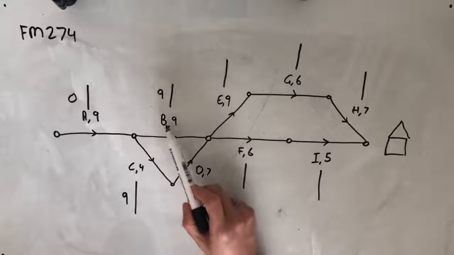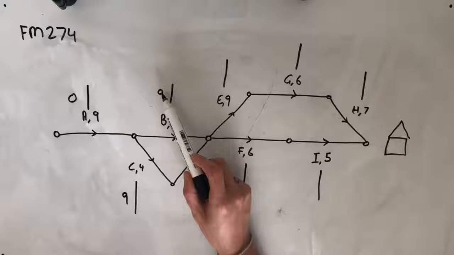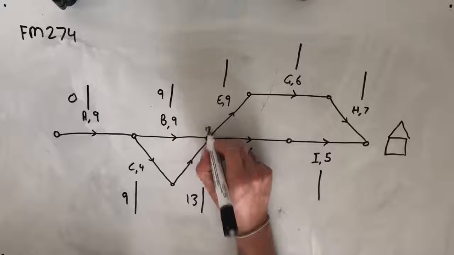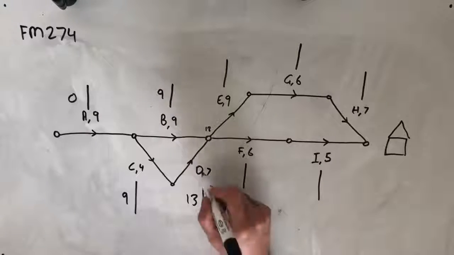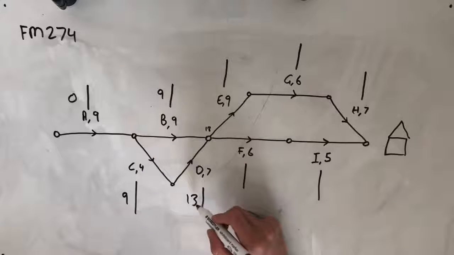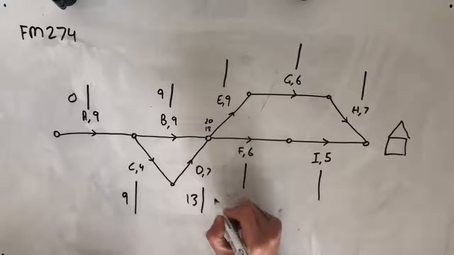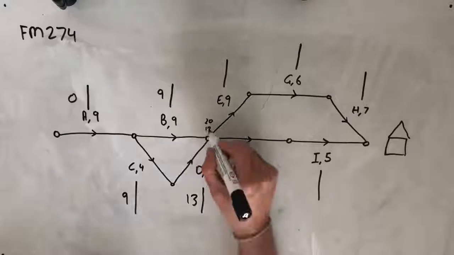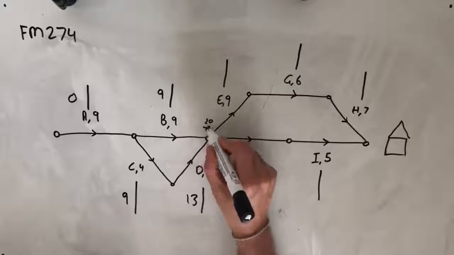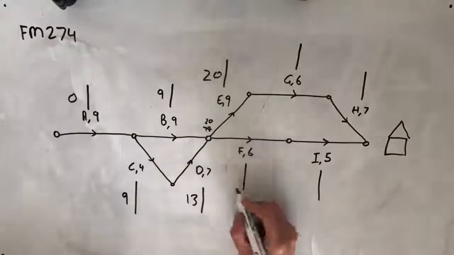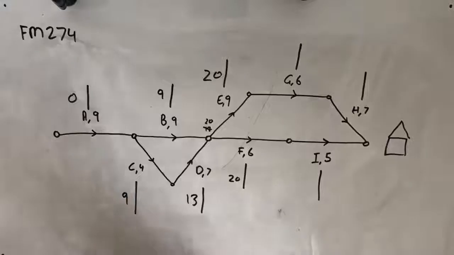B has an earliest starting time of 9 and a duration of 9, meaning it would land at 18 days. Or we have D, which had an earliest starting time of 13 and a duration of 7, which would land at 20 days. As we're doing our forward scan, we take the bigger number. So 20 is the earliest starting time for E, and also for F.